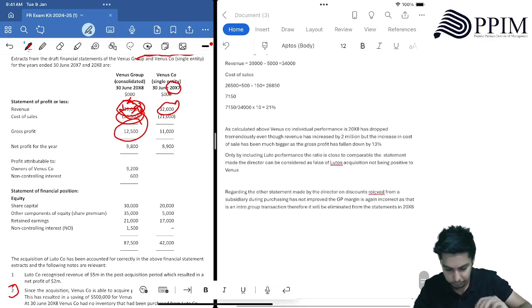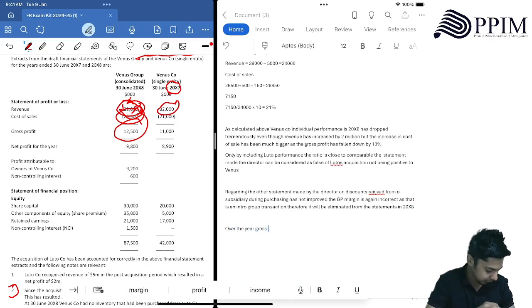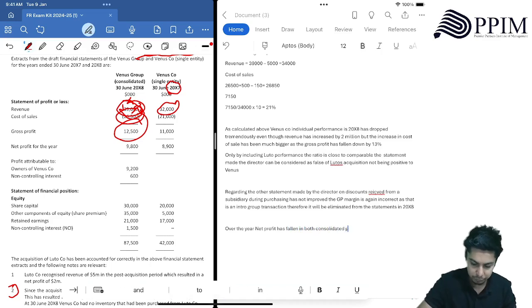So we can tell over there, over the year, net profit ratio has fallen in both consolidated performance and excluding Luto's performance.